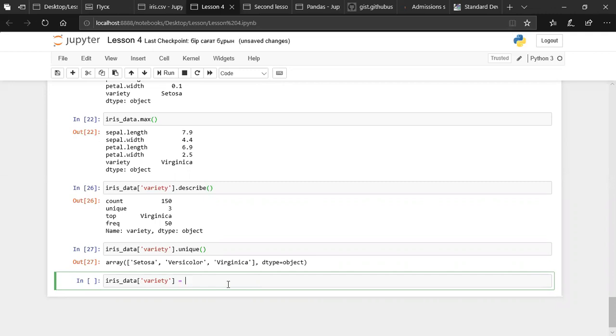No, the sign of equal, write it two times. Yeah. And then setosa, for example. Yeah. Run this code.